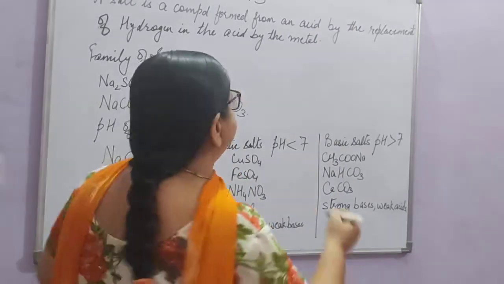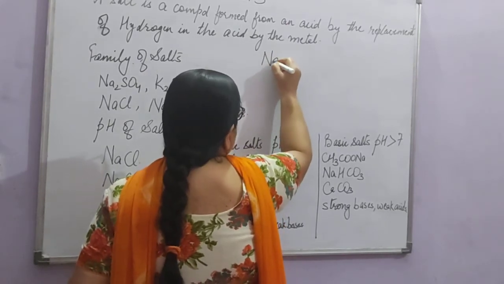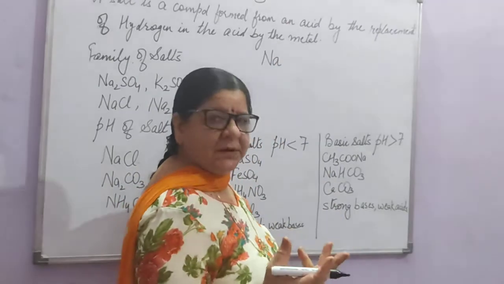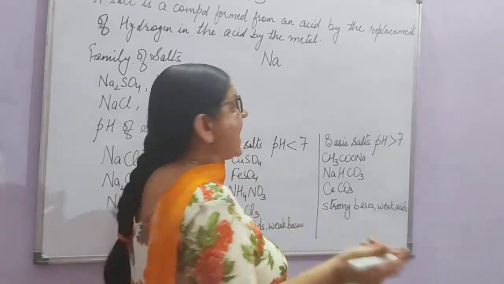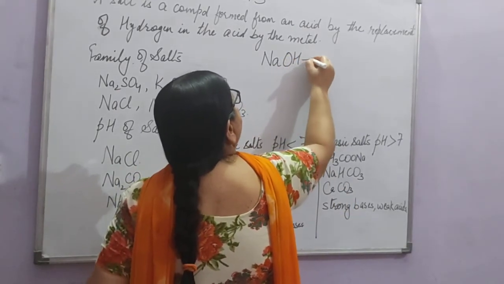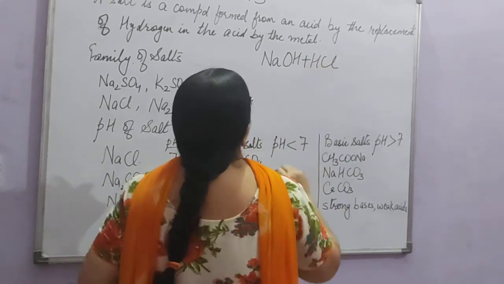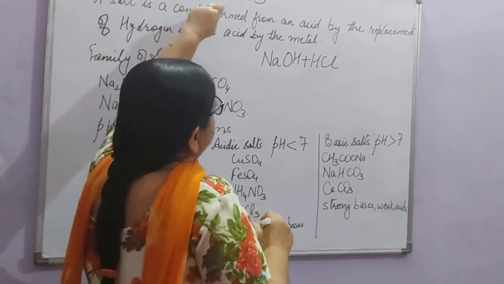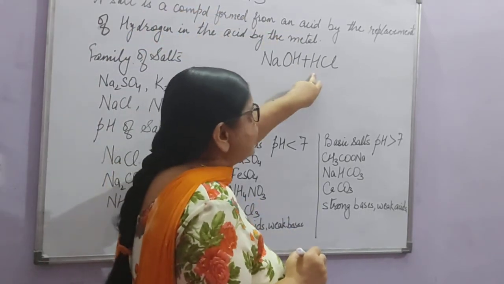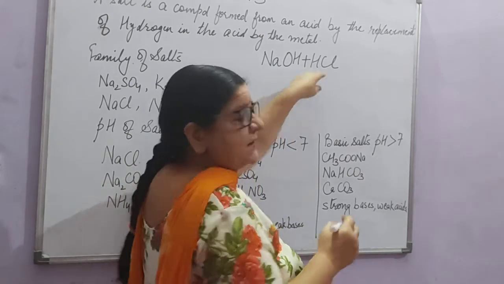A common example: suppose we take a base, like in the neutralization reaction we learned, a base and an acid. So if we take a base, say NaOH, and we react it with an acid, a salt is a compound from an acid by the replacement of this hydrogen in the acid by metal.